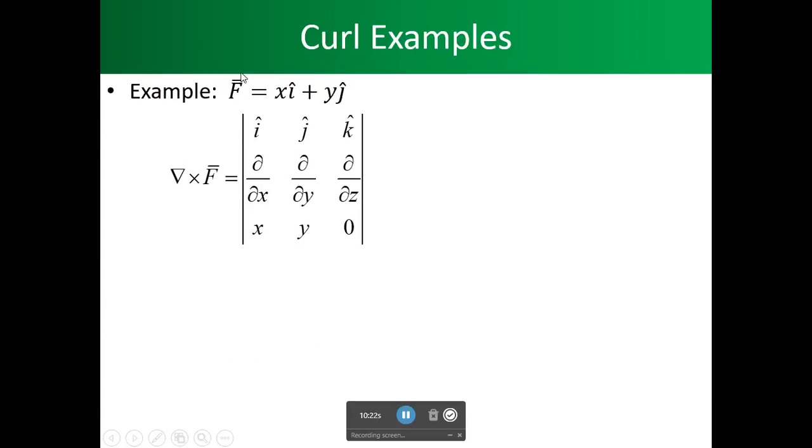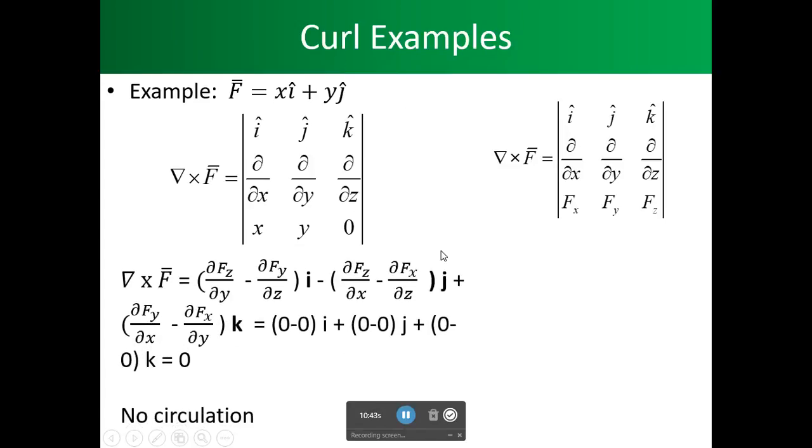Okay, so I have this specific function, and I want to take the curl of that. So this is for my x, my y, and for my z. We have over here f of x, f of y, f of z. There is no z component.